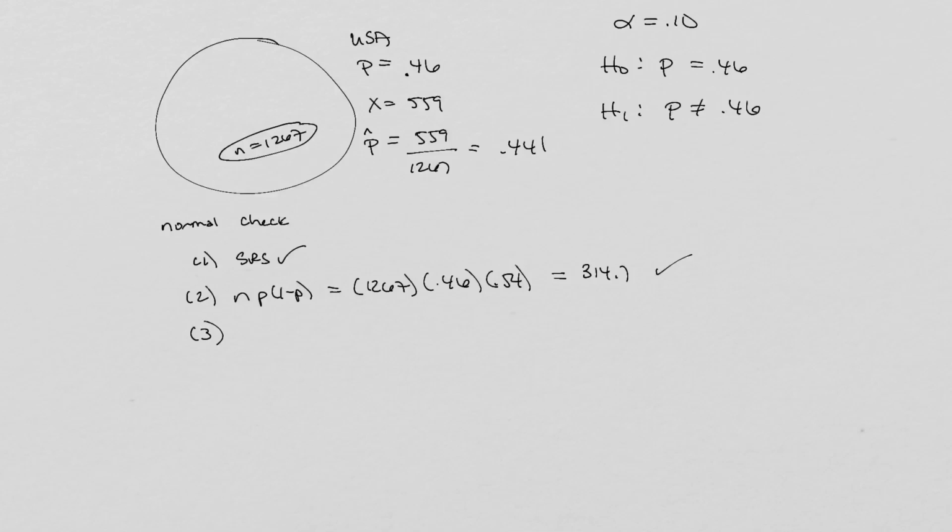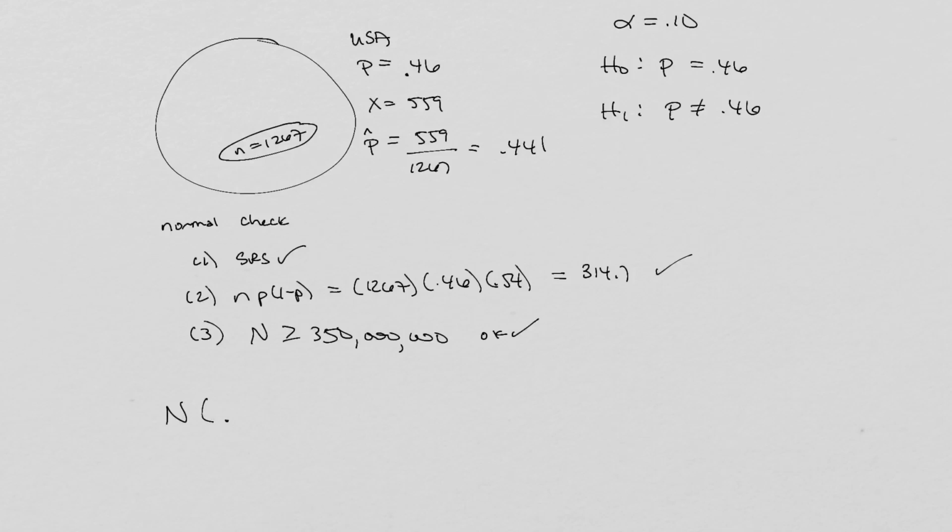We don't know the exact population of the USA, but I know it's at least 350 million. And that's easily 20 times bigger than my sample size. So this one's okay as well. So what that tells me is that the samples of size 1,267 have the normal distribution.